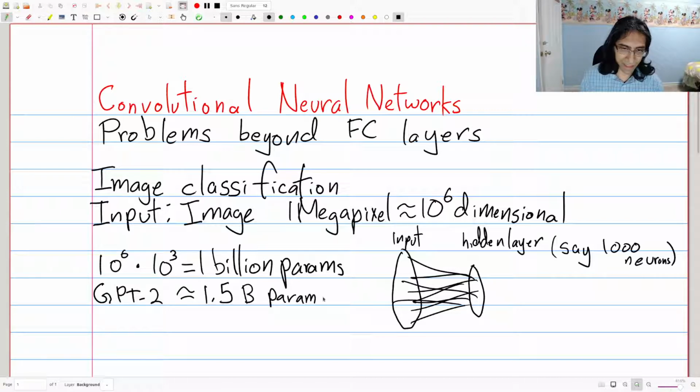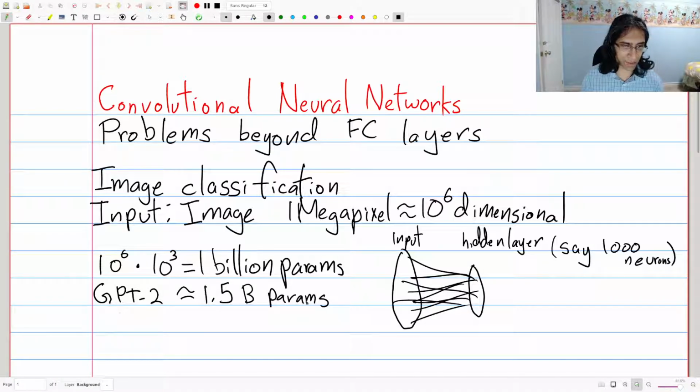It can do very, very complex tasks, whereas we're only trying to do a very simple task here, identifying whether an image is a cat or a dog. So somehow we're not being very parameter efficient. We have way more parameters than we need for this task.